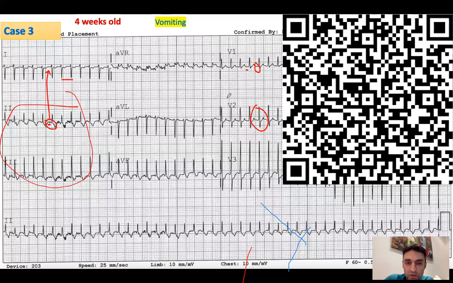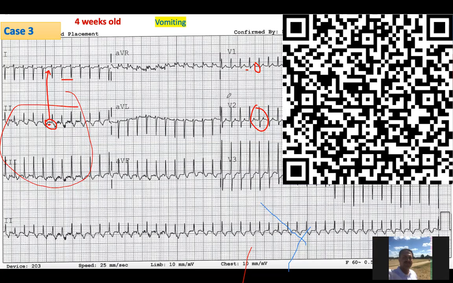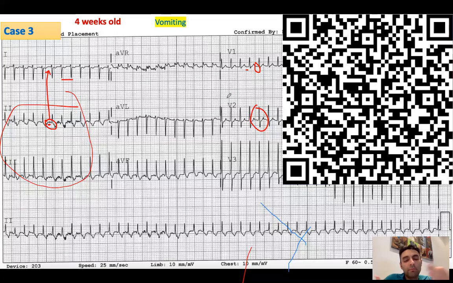SVT, reentrant tachycardia. This is a textbook example of reentrant SVT, where there's an accessory pathway, tachycardia going down the AV node, up the accessory pathway, down the AV node, up the accessory pathway, which is very common in babies.